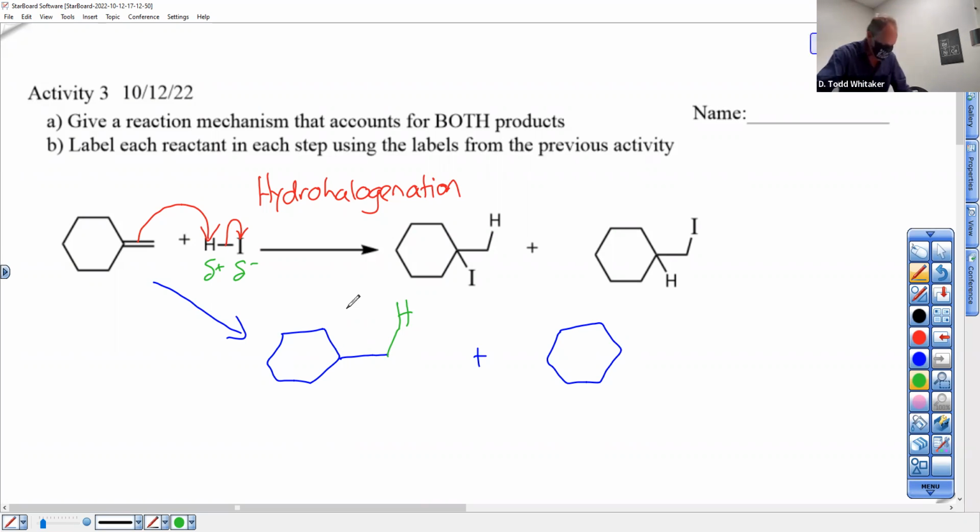What charge does this carbon have now that it has only 3 bonds? No, it's not in group 2, or not in group 3, sorry. It's in group 4. Okay, so it owns half of 6 electrons here. It shares 6. It owns 3. On the periodic table, it owns 4.